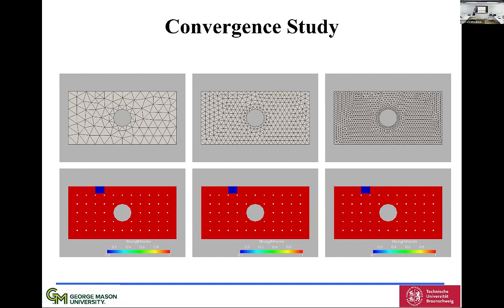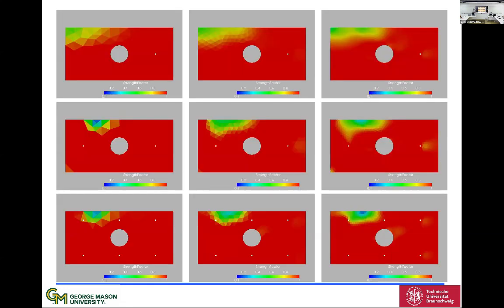So then we did a convergence study. So this is a coarse, medium, and fine mesh. And again, in this case, we actually put an exact region here, so the region stays the same. And now, again, we start with 1, 2, 6, and so on. And you can see that something interesting happens.